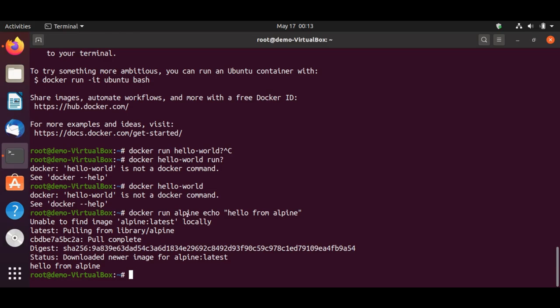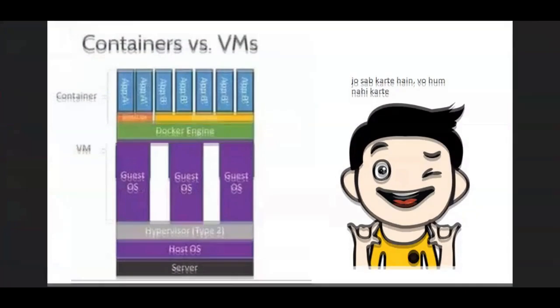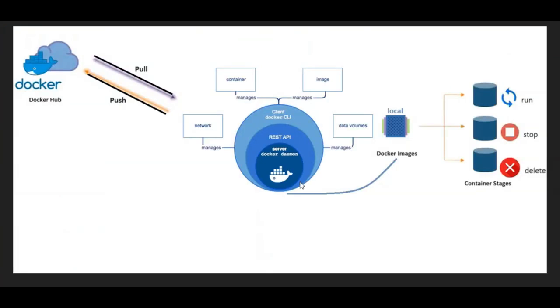We'll be studying in depth a lot of commands about how to handle these images. But let's try to understand this with this figure. Let's understand what happened when we ran the docker run alpine command.